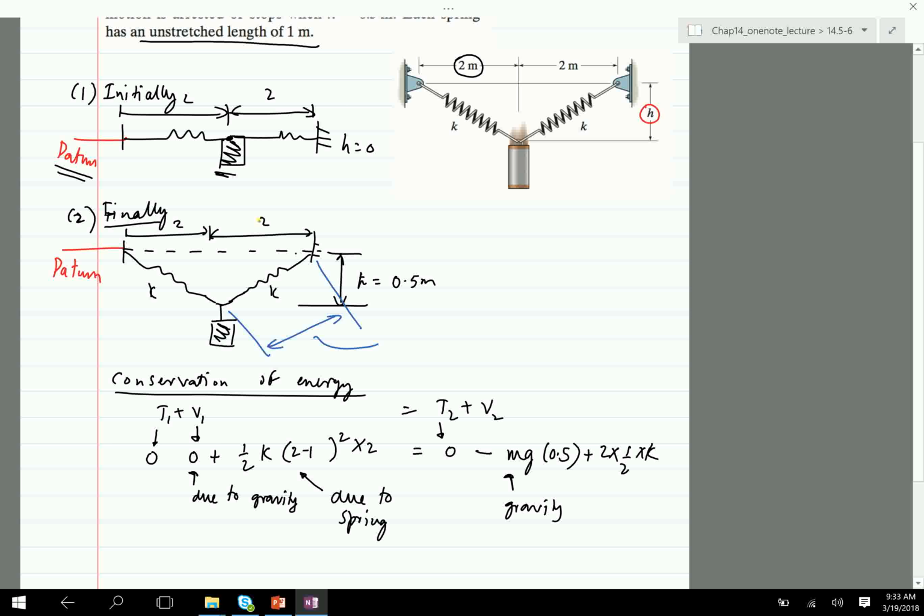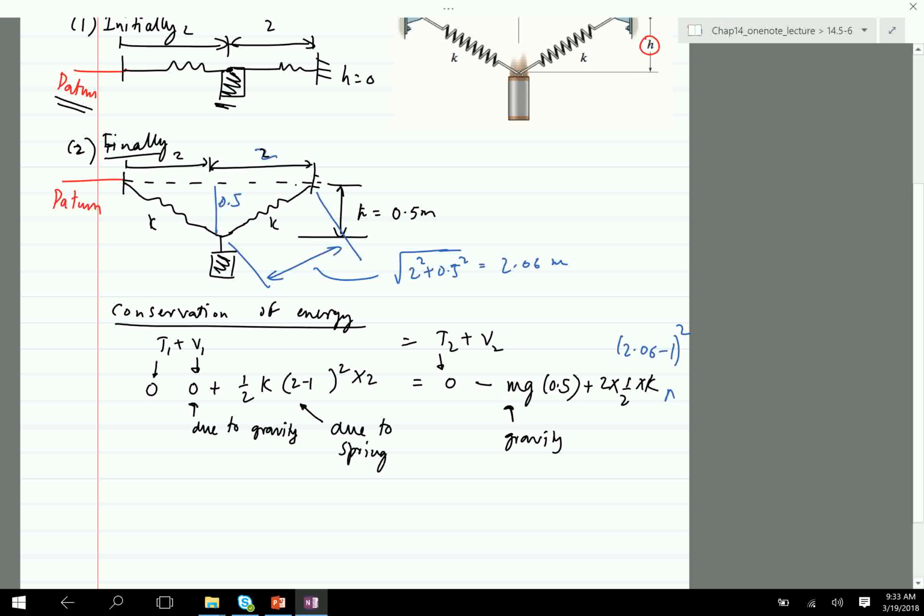So if this is 2 and this is 0.5, this is 0.5, then that's going to be 2 squared plus 0.5 squared. What did you get? 2.06. Okay, 2.06 meters. So it's going to be 2.06 minus the unstretched length, which is 1.